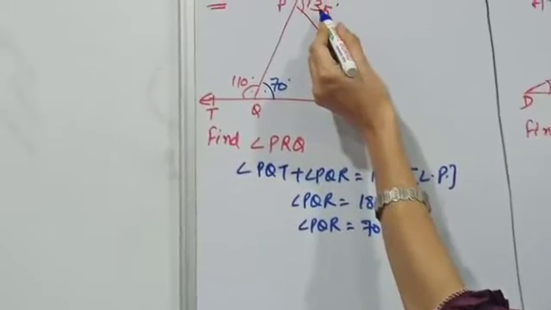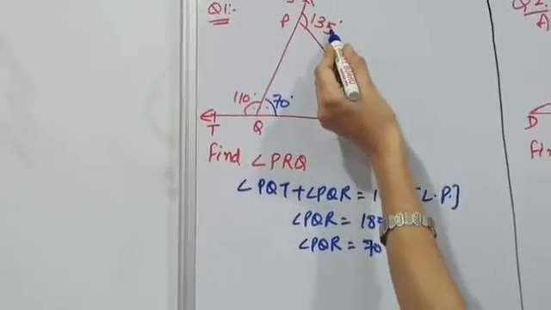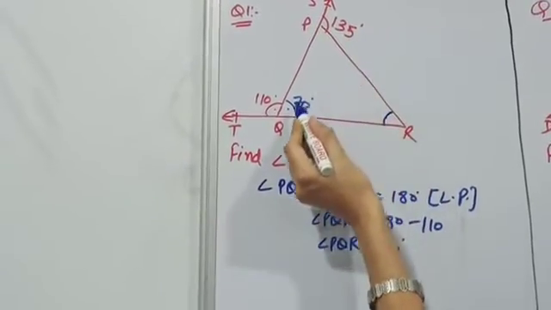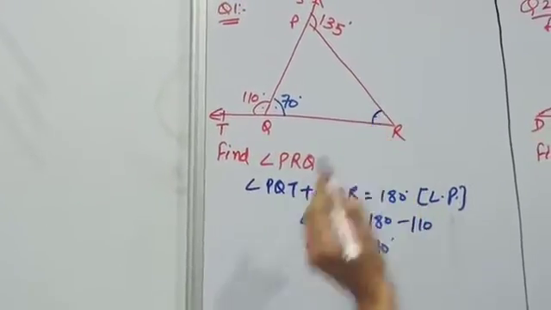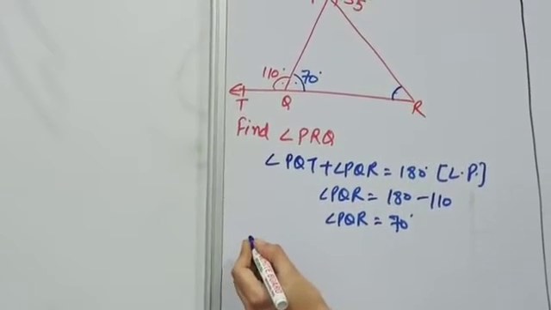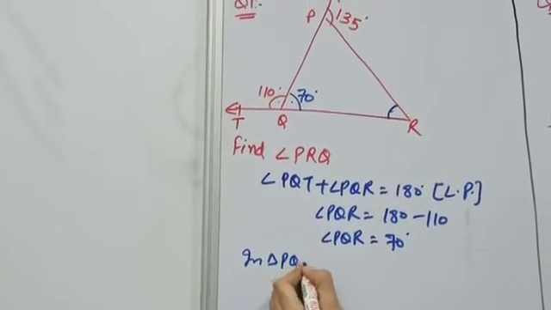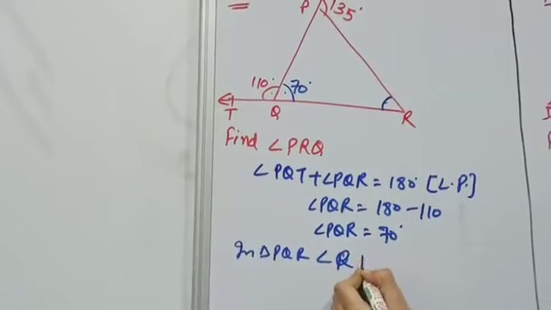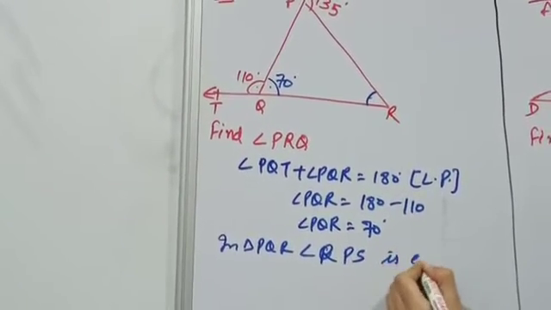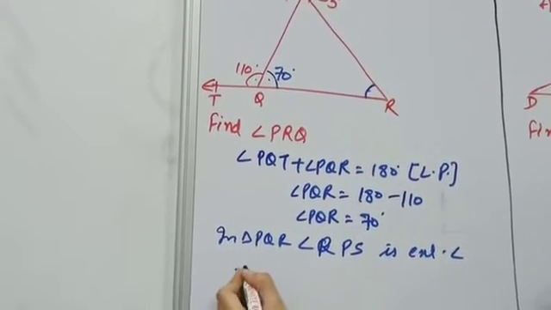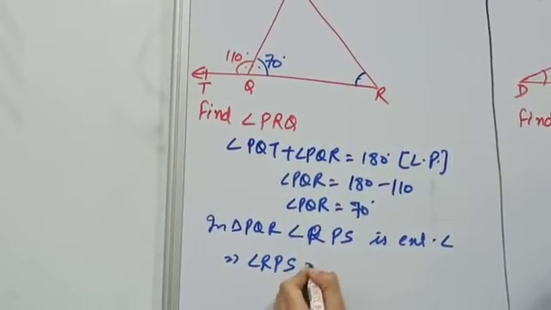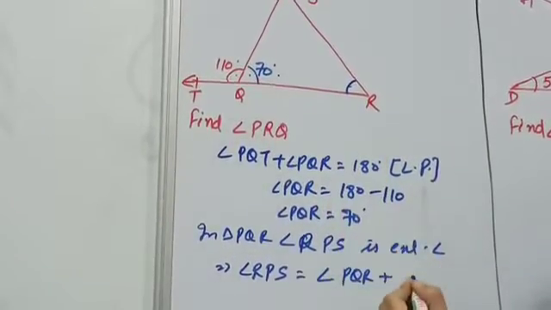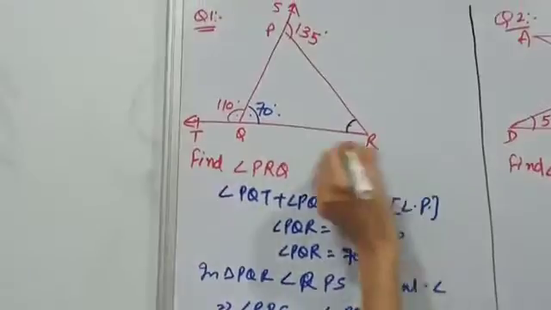Now if we want to use the exterior angle sum property, here is 70 degrees and here is angle R. The exterior angle is equal to the sum of the opposite two interior angles. So in triangle PQR, angle RPS is the exterior angle. This implies angle RPS is equal to angle PQR plus angle PRQ.